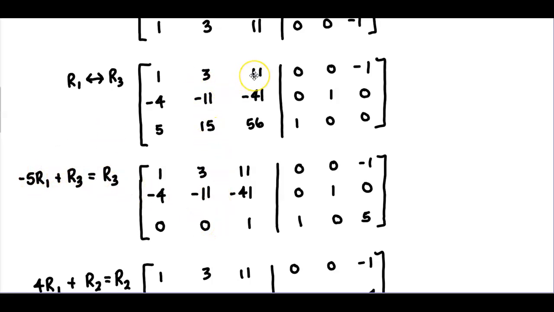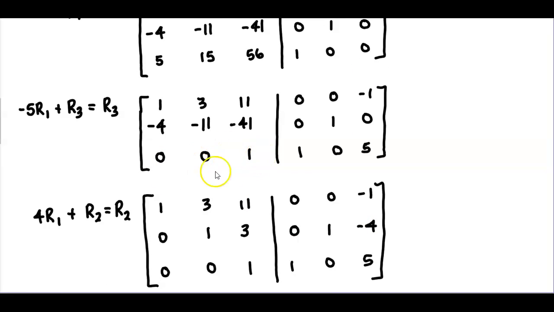Negative 5 times 11 is negative 55, plus 56 gives you 1. Negative 5 times 0 is 0, plus 1 is just 1. Negative 5 times 0 plus 0 is 0. Negative 5 times negative 1 is positive 5, plus 0 gives you positive 5. So now we have 0, 0, 1 in our third row.